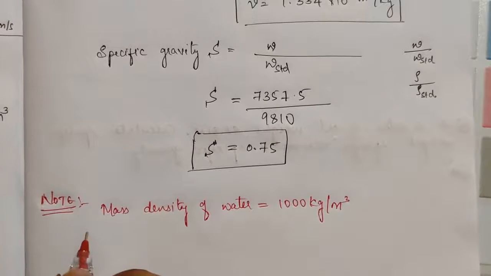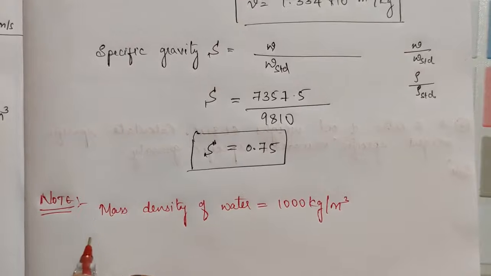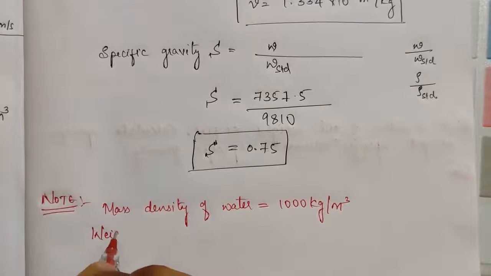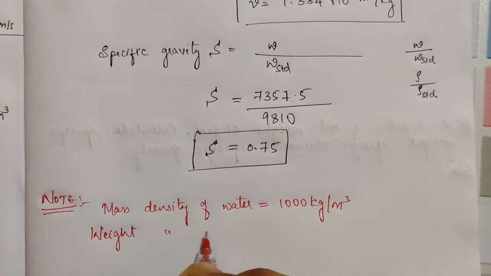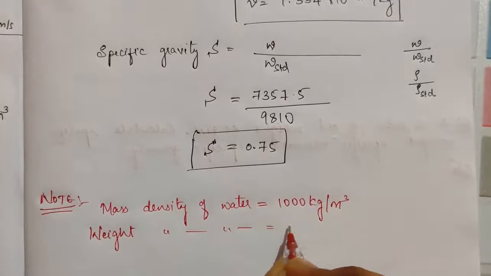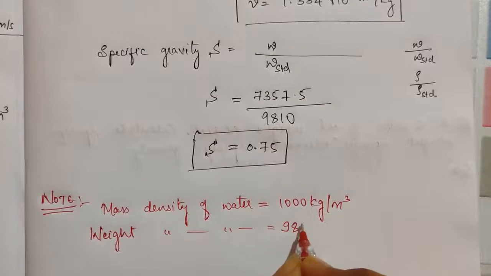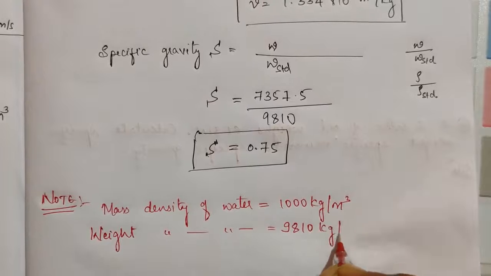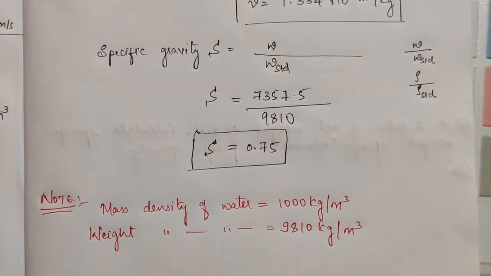If the same is termed as weight density of water, then it is 9810 N per meter cube.